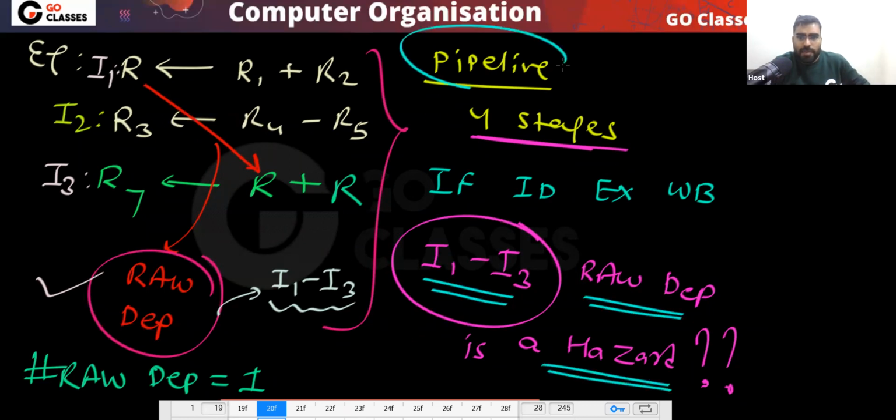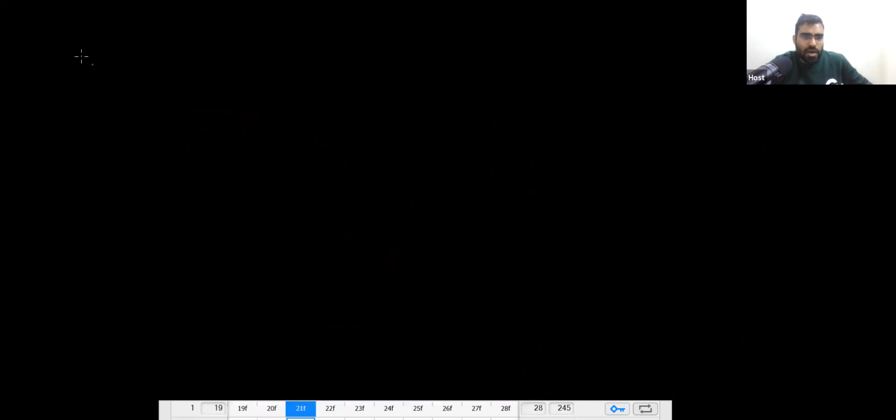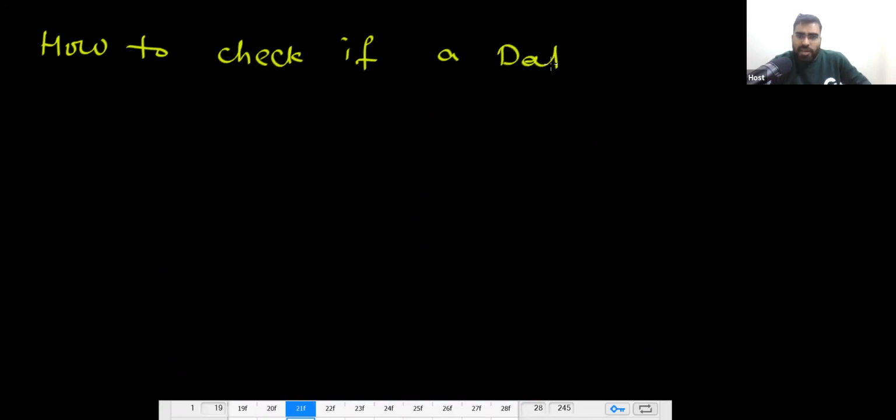In this pipeline, the pipeline details are given to you. How will you check? Do you remember how to check? A very simple point we have already seen: how to check if a data dependency is a hazard?